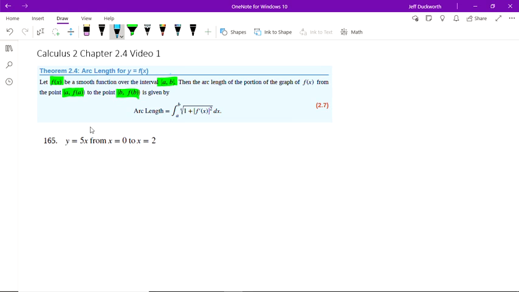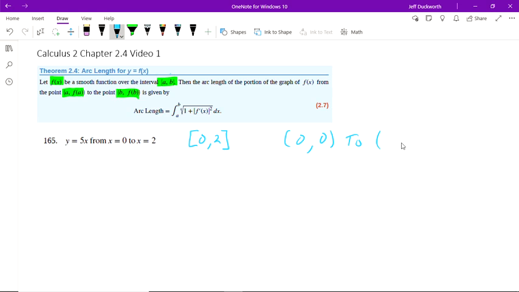All right, so we're going from 0 to 2, so our interval is going to be from 0 to 2. That's our a and b respectively. We can calculate those functions as well. The two different points are going to be the point 0, and 5 times 0 is 0.